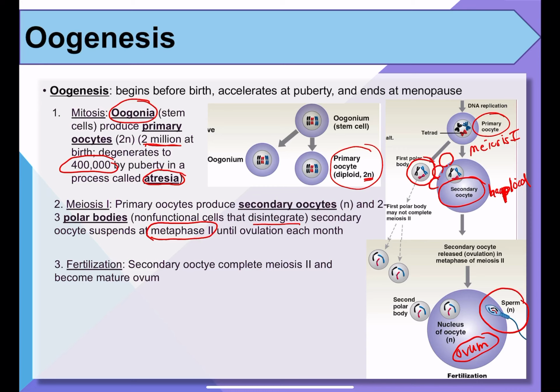For females, you stop at secondary oocyte until ovulation. Every month, only a few of those will mature, be ovulated, and get ready for fertilization. And only after fertilization does your secondary oocyte complete meiosis 2.